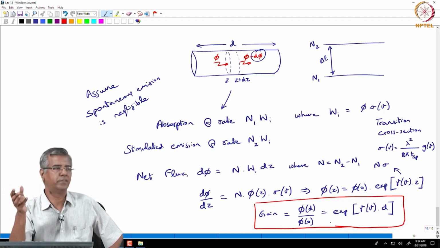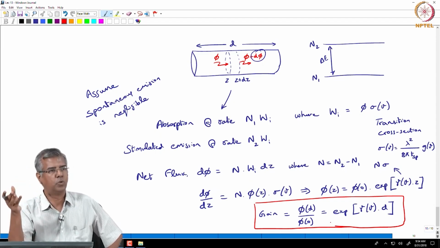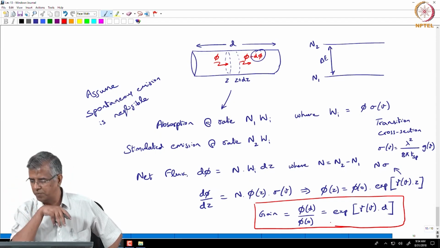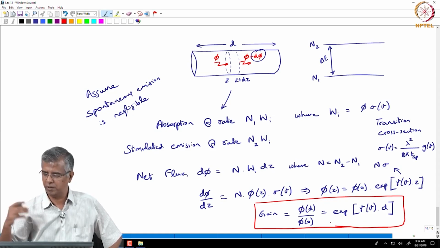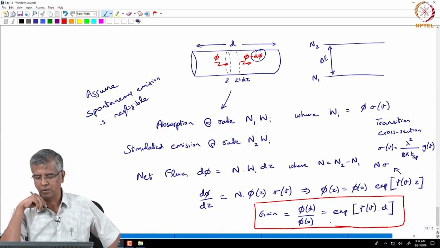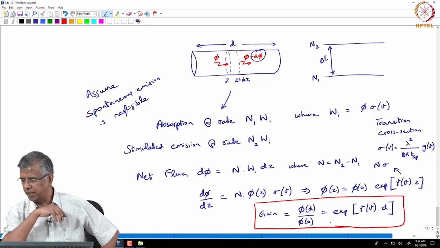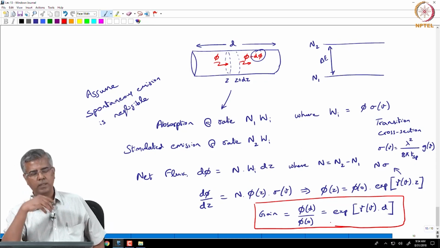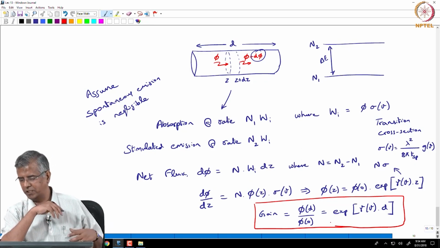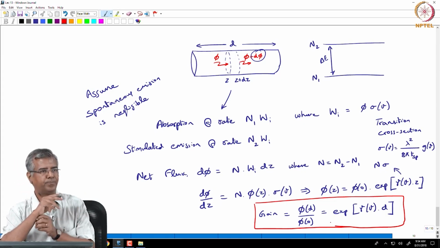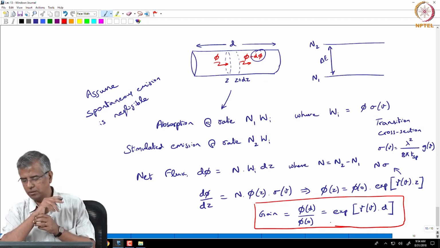But the inversion you can change through the pumping, which we have not considered here, but moving forward we will actually look at the traditional systems, like you can take the example of erbium and see how the pumping happens, how we get inversion, and through that inversion how we get gain, okay.